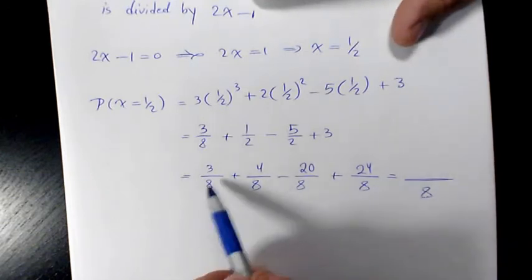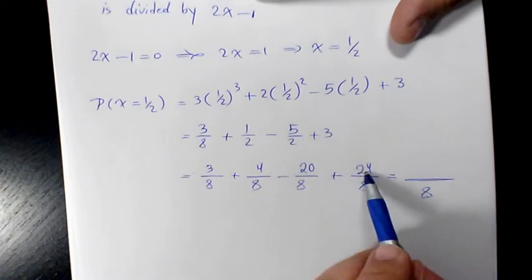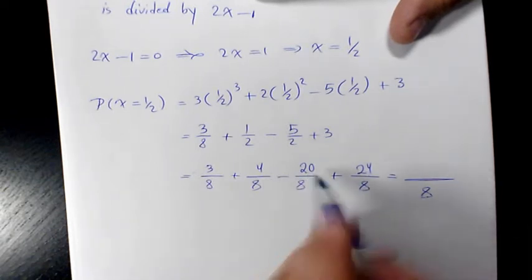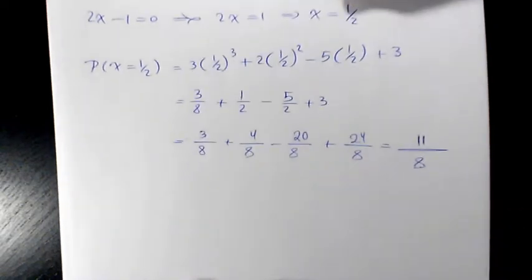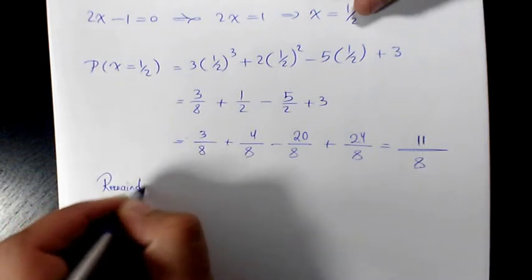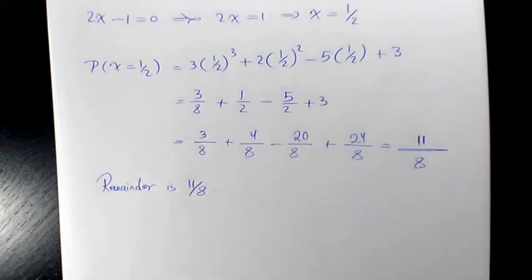So we have 8 in here, 3 plus 4 is 7, plus 24 is 31, subtract 20 is 11, which is 11 over 8. So the remainder is 11 over 8.